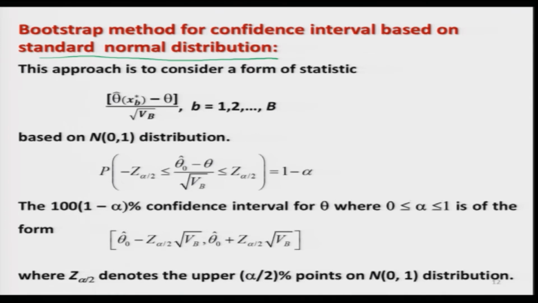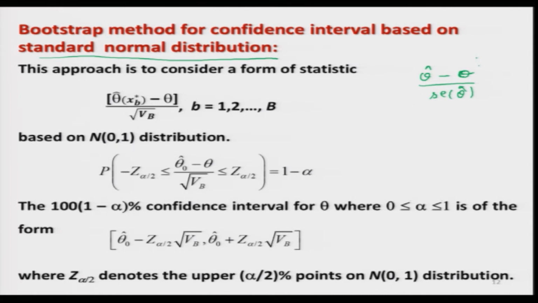If you remember, if I take a value theta hat, find the difference with theta, which is actually unknown, and divide it by the standard error of theta hat, it will usually follow a normal 0 1, particularly when your number of observations is large. That is why we take capital B to be large enough so that this result holds true.